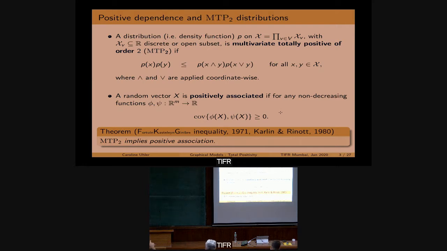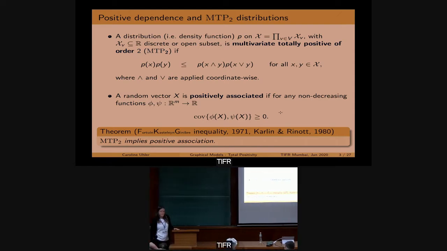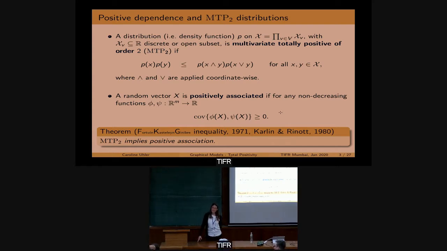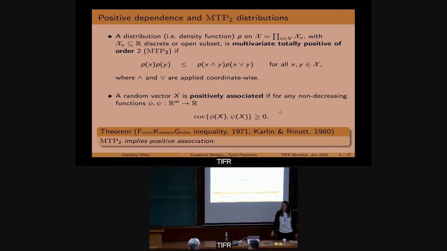Maybe you answer this question later, but computationally, if I give you samples from a distribution, how do you test it? Or any other positive association, the computational complexity hierarchy? We don't have a hypothesis test for MTP2 yet, not even in the Gaussian setting.